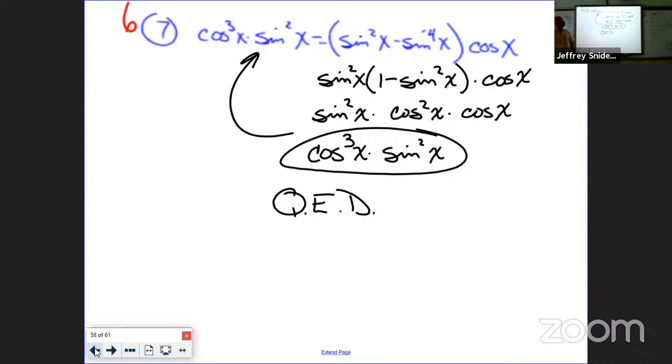So, again, notice right here, I'm able to do what? There's a GCF. And the GCF here happens to be what I want, sine squared x. So I pulled out a greatest common factor of sine squared x here. That's all I did. That's the GCF.